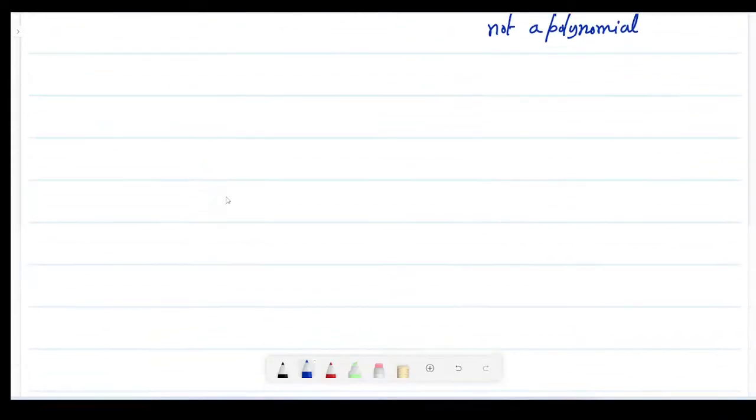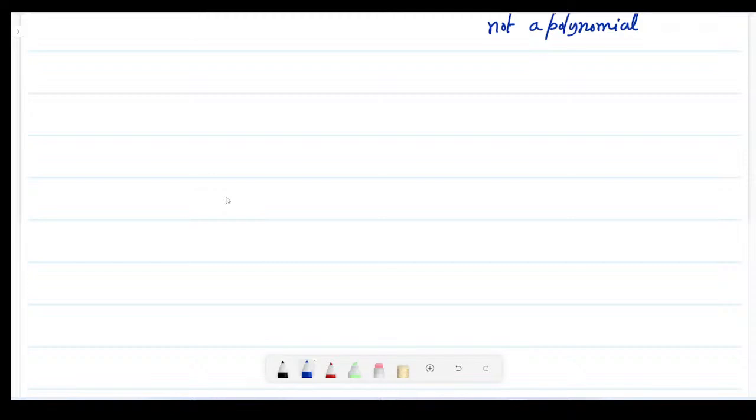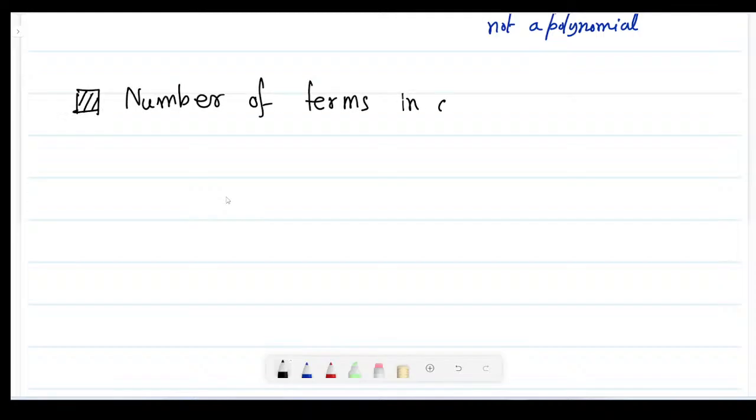Next is the number of terms in a polynomial.